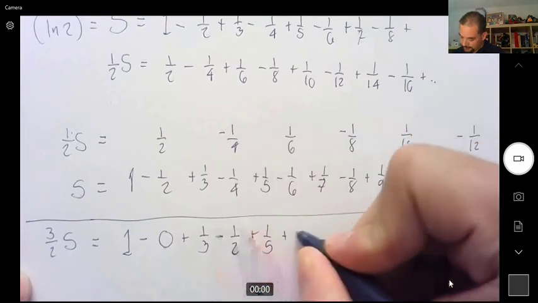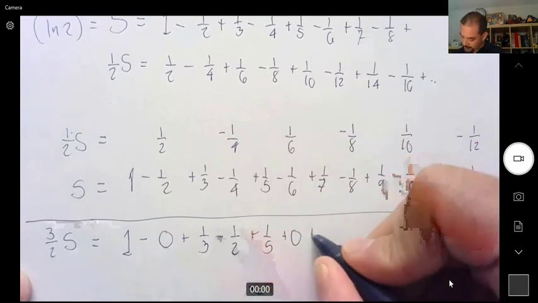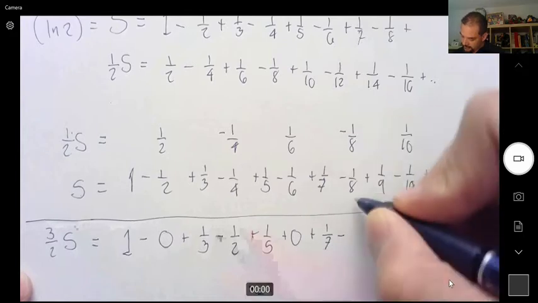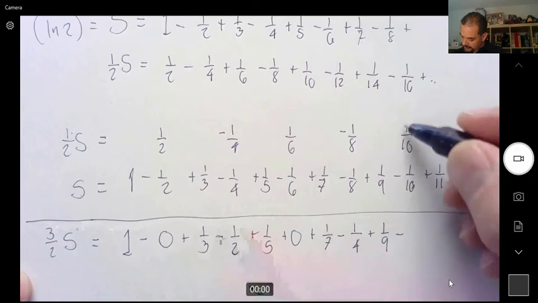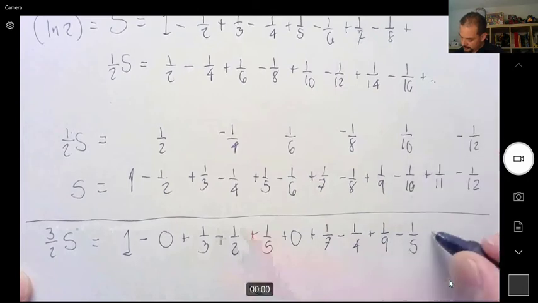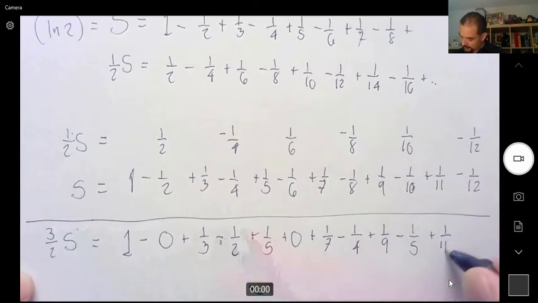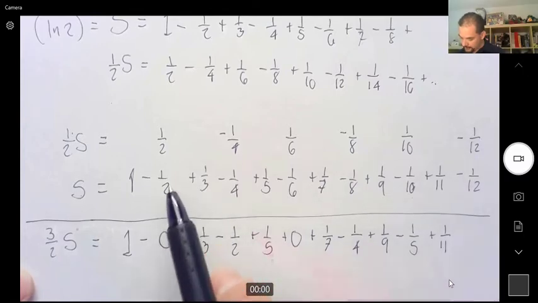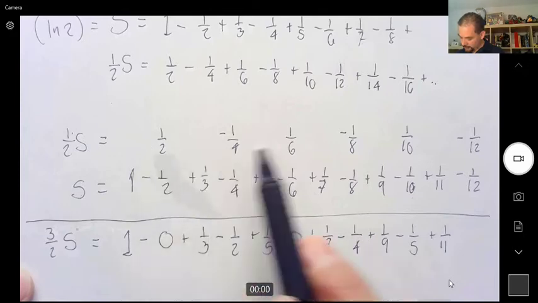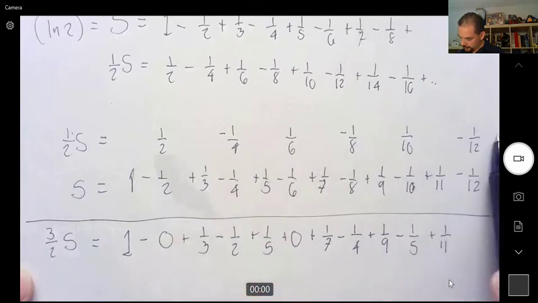Then this one cancels. Then it's 1/7. And then this is negative 1/4. This is 1/9. This is negative 1/5. This is 1/11. And there's something wrong with the signs. Let's see. Plus, minus, plus, minus, plus, minus.